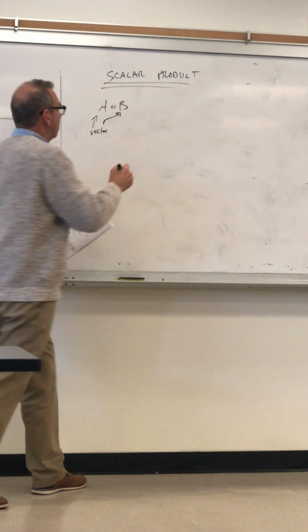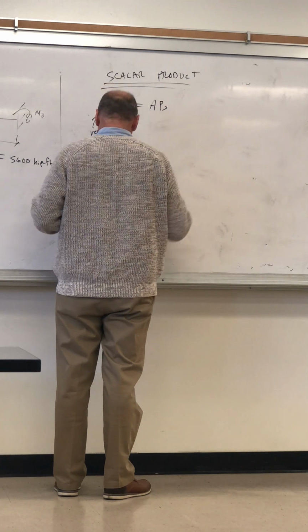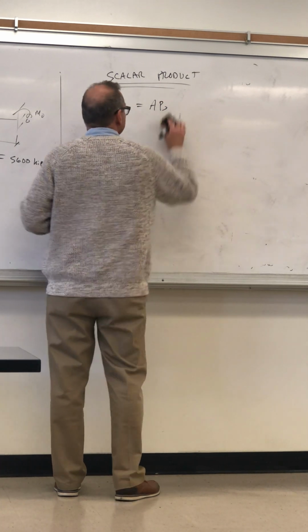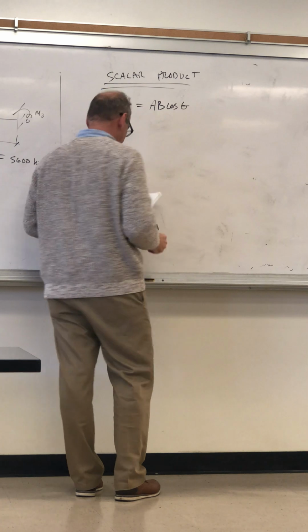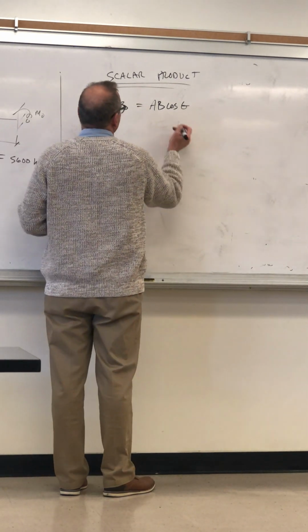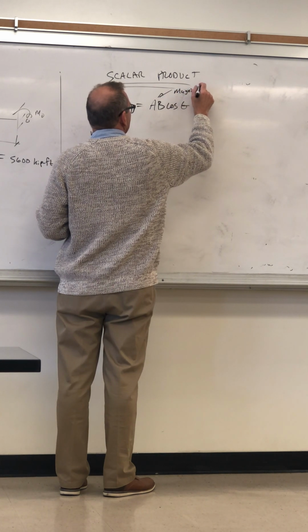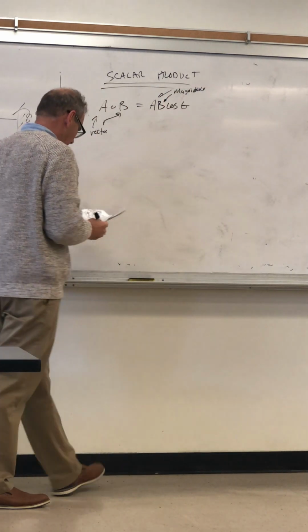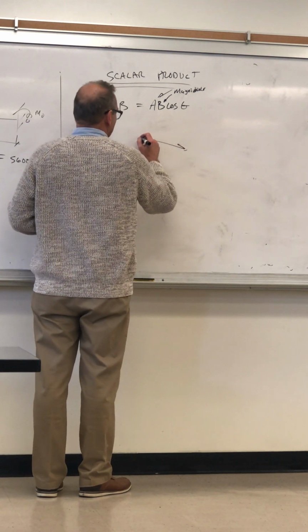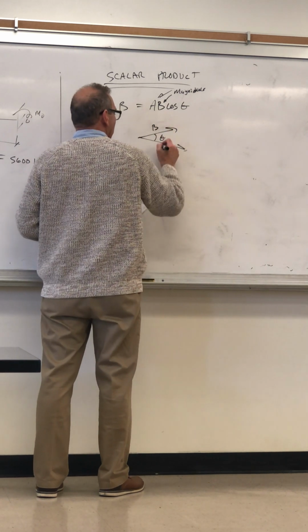A dot B is equal in magnitude to AB multiplied by the cosine of theta. These are the magnitudes. And so you've got some vector here, another vector here. There's an angle between them. This is B, and vectors B and A have magnitudes.